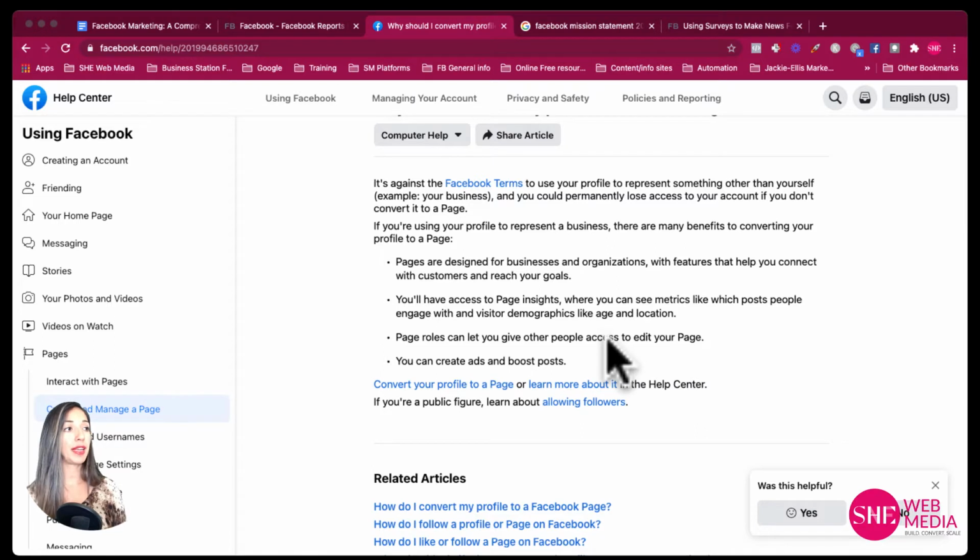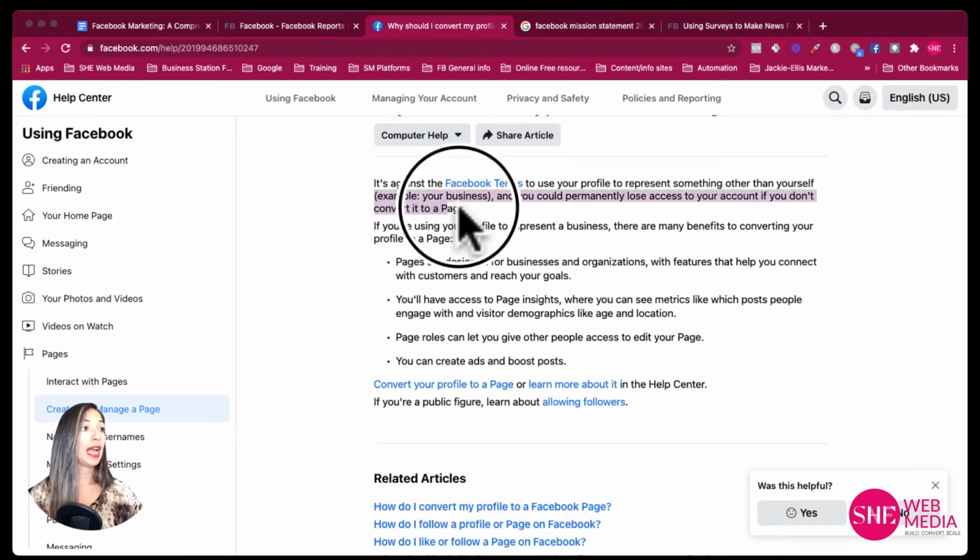It's against Facebook terms to use your profile to represent something other than yourself, for example, your business. You could permanently lose access to your account if you do not convert it to a page. I don't necessarily mean you need to convert your personal profile to a page.